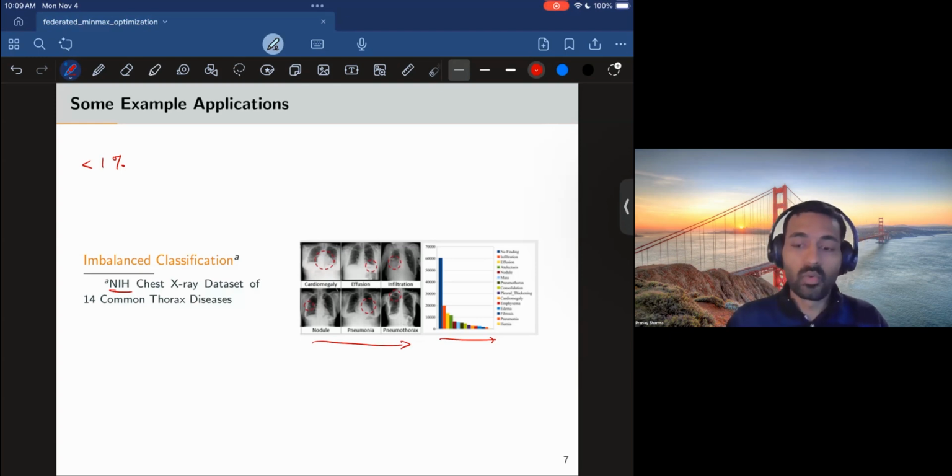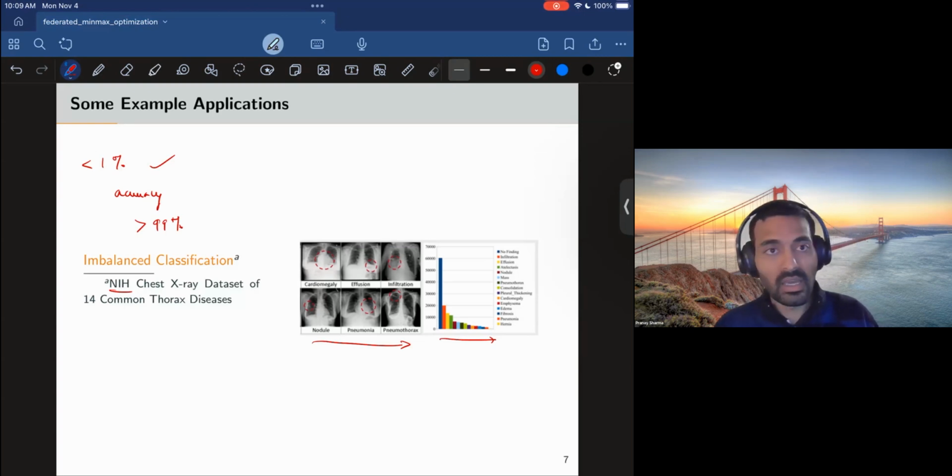If our goal is only to maximize accuracy, we can train a model which completely ignores this disease, and still we'll be able to achieve more than 99% accuracy with our model, right? But this would have very bad consequences for people who actually suffer from this disease, right? So this problem of imbalanced classification has very real world consequences.